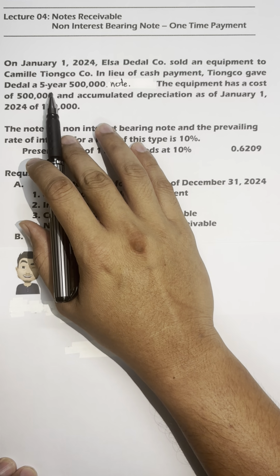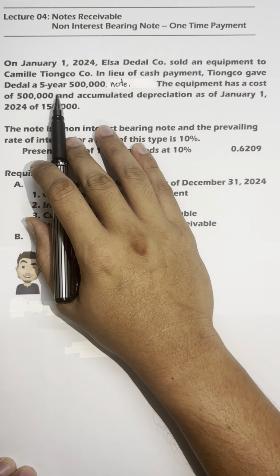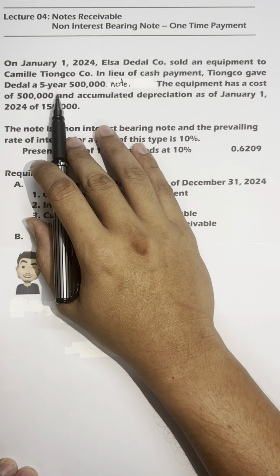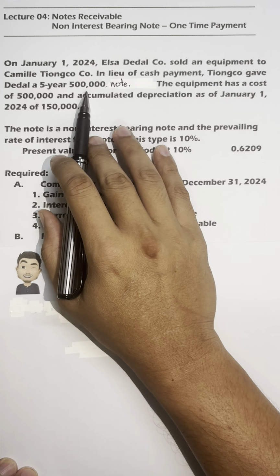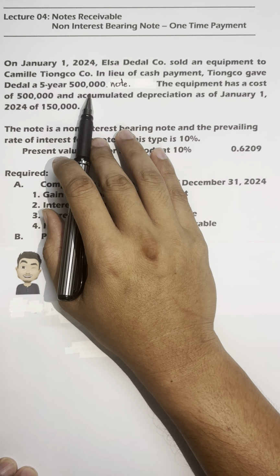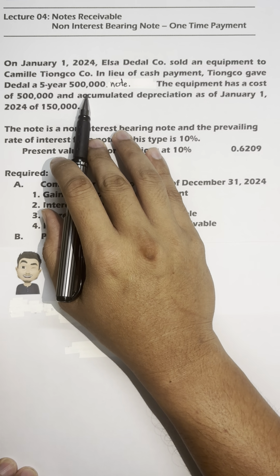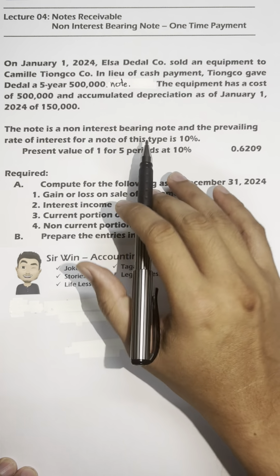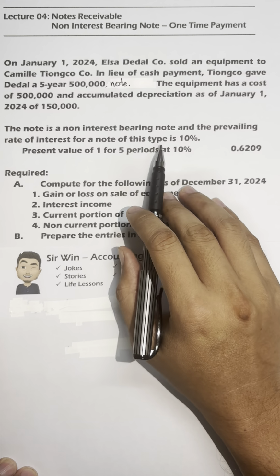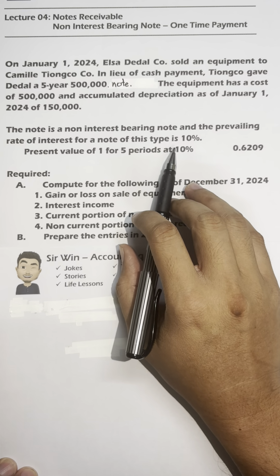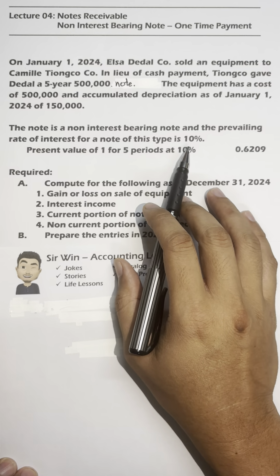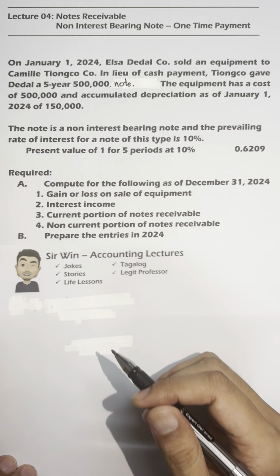Lalo na kung long term, let's say 5 years, the answer is no. Hindi yun totoo. Palaging merong interest ang note, nakapaloob na daw yun dun sa mismong amount na ibinigay na 500,000. So therefore kung ganon, kwentahin mo yung interest na nasa loob niya using the prevailing interest rate, the effective rate, the market rate. In this particular problem, given po siya 10%. Okay? Sagutan na muna natin ito.